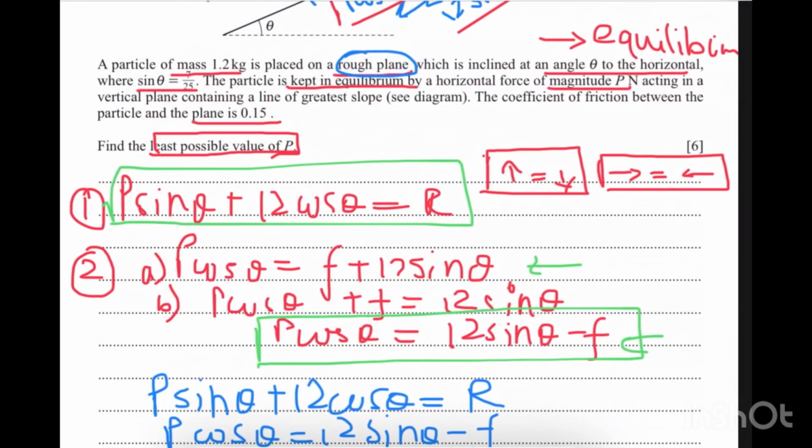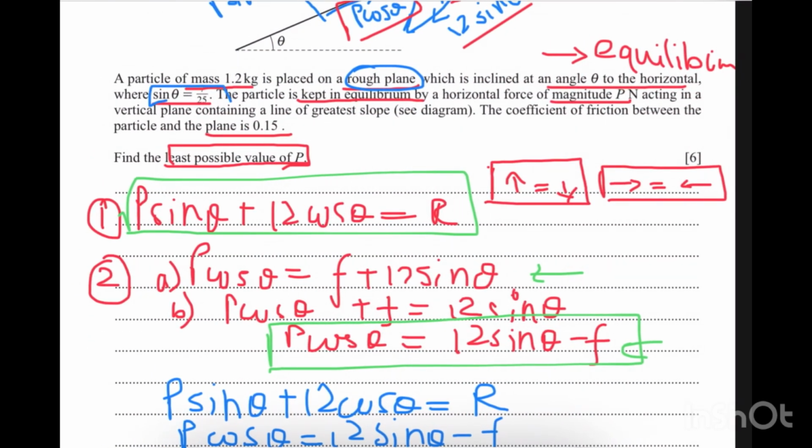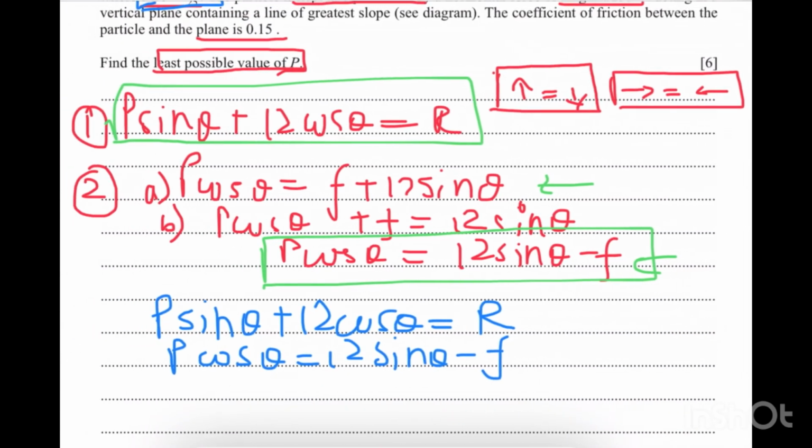They have given us the value of sine theta, which is 7 over 25. We can use this information to find out the value of cos theta. So let's say this is a right triangle and this is the angle theta. Sine theta is always equal to the perpendicular over the hypotenuse.